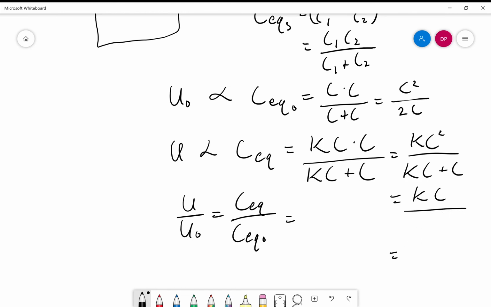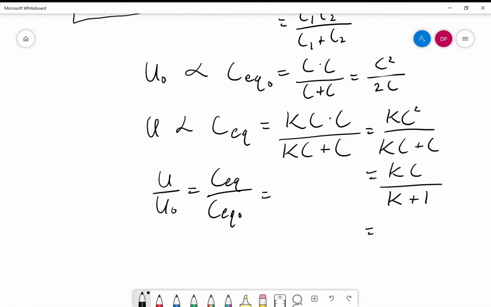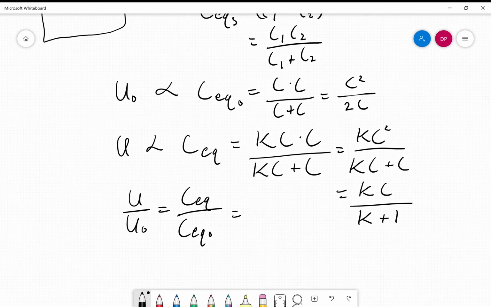We're dividing by C here, so that would be Kc over K plus 1. That is our C equivalent of the new circuit with the dielectric, and we're going to divide that by C squared over 2C, which is just C over 2.